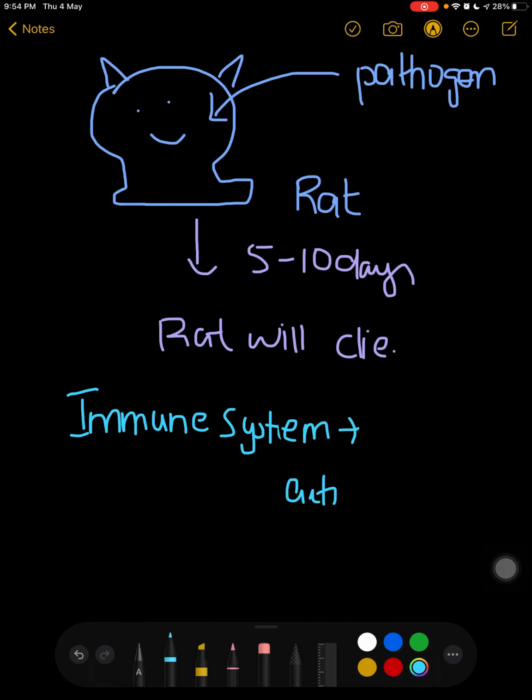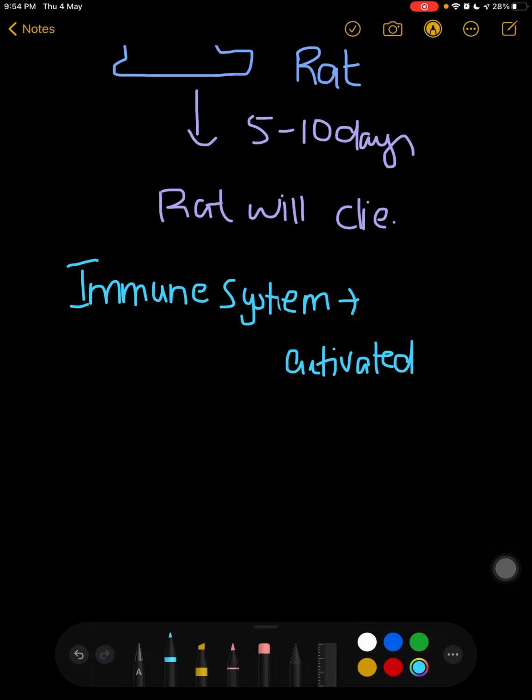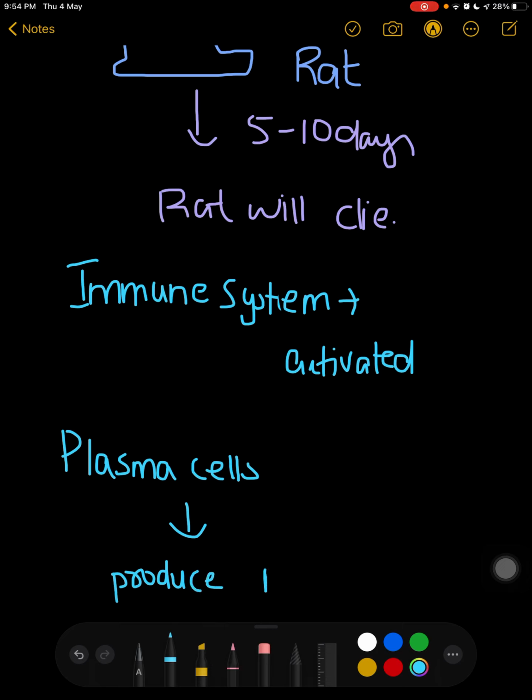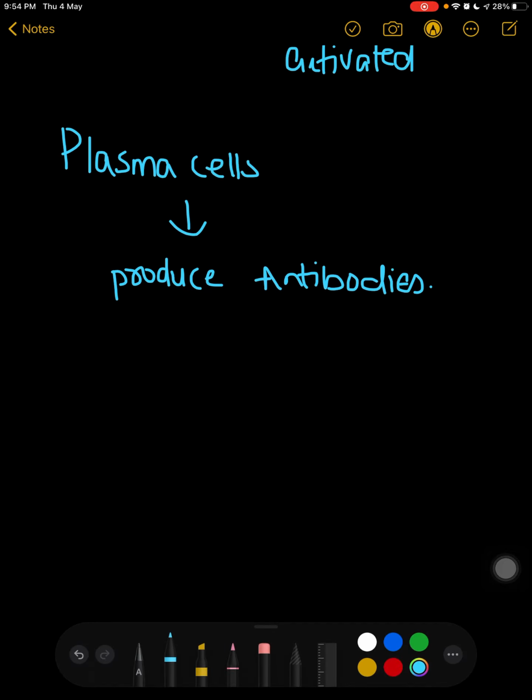The immune system gets activated, and obviously the immune cells, or you can say the plasma cells, will produce the antibodies.